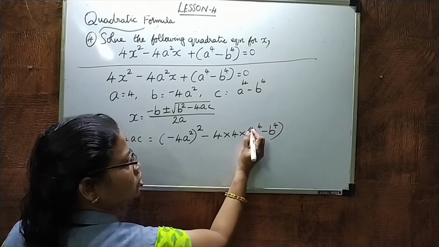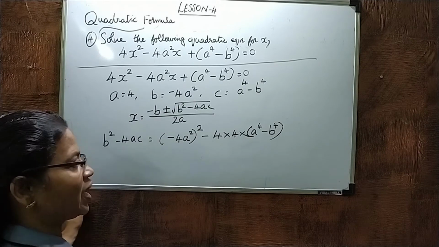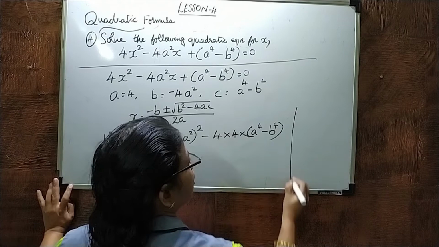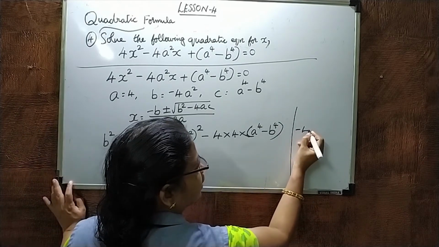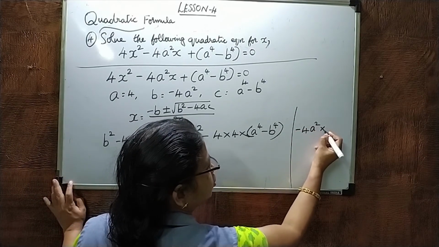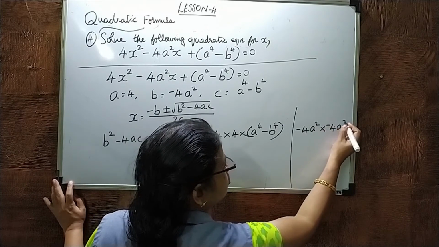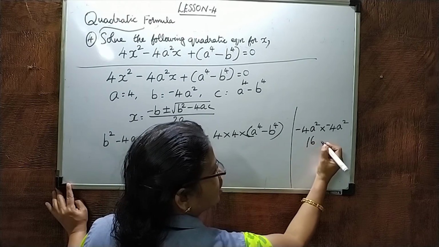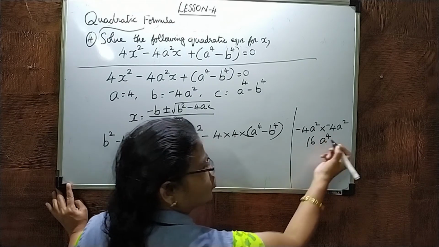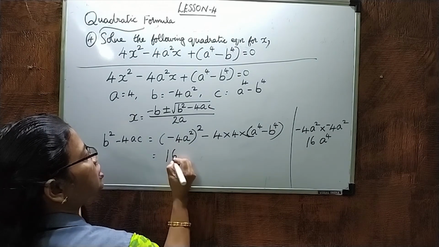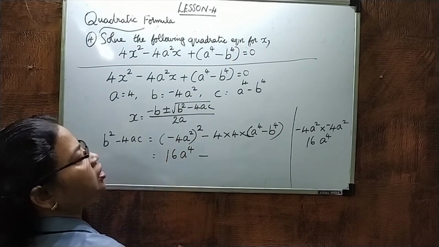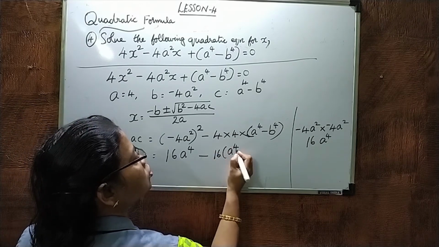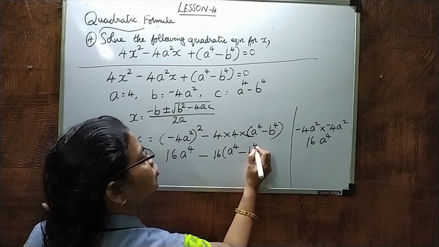Two terms are there, so we keep it in the bracket. Now look, negative 4a square the whole square means negative 4a square into negative 4a square. Negative into negative, positive. 4 into 4 is 16. a square into a square, a raised to 4. Right? So it is 16 a raised to 4 minus, here 4 into 4 is 16 into a raised to 4 minus b raised to 4.